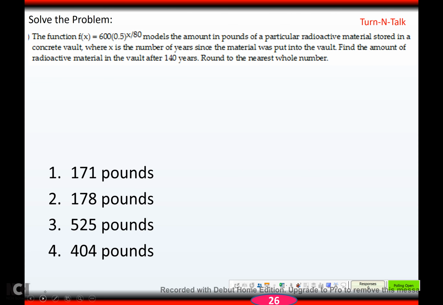Alright, the function f of x equals 600.5 to the x over 80 models the amount in pounds of a particular radioactive material stored in a concrete vault, where x is the number of years since the material was put into the vault. Find the amount of radioactive material in the vault after 140 years. So again, they're telling me that time is 140. So the function after 140 years is going to be 600 times 0.5 to the 140 over 80.